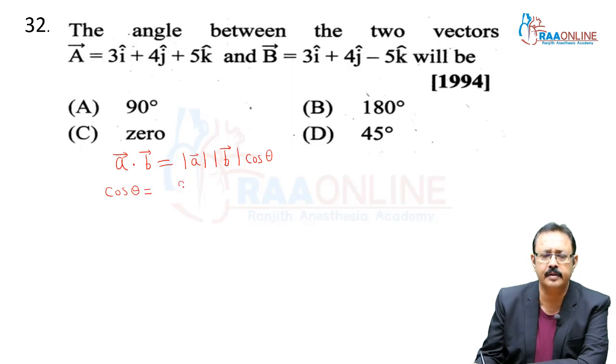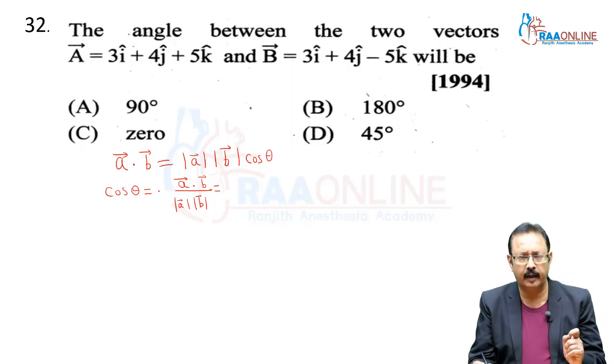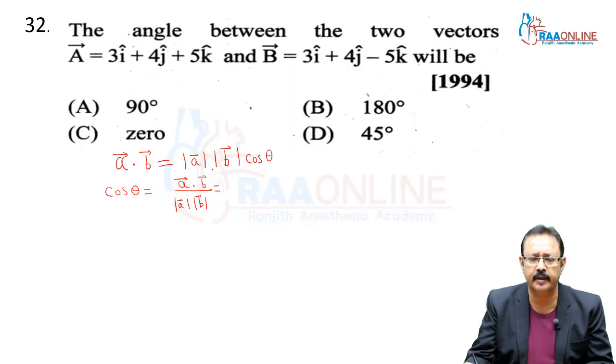Cos theta is A dot B upon mod A mod B. Now you know how to calculate A dot B. Multiply the i coefficients: 3 into 3, 9. 4 into 4, 16, minus 25.